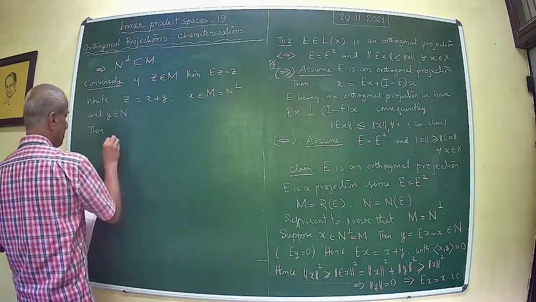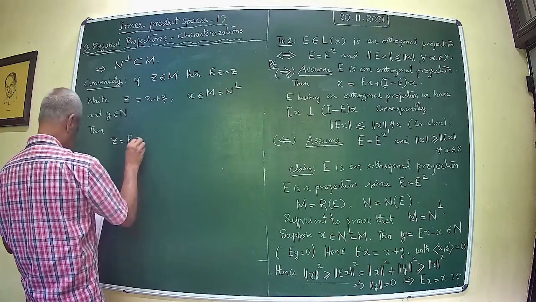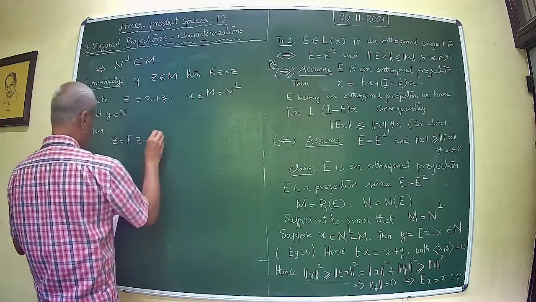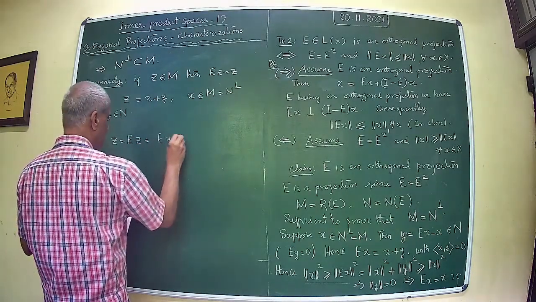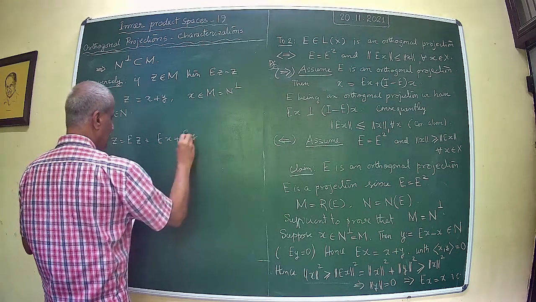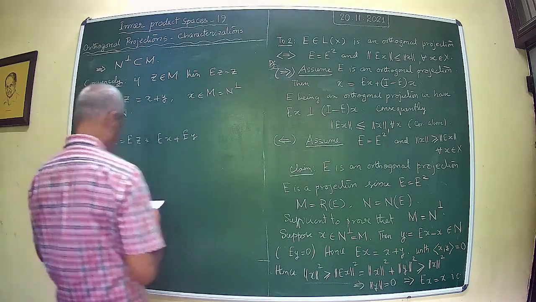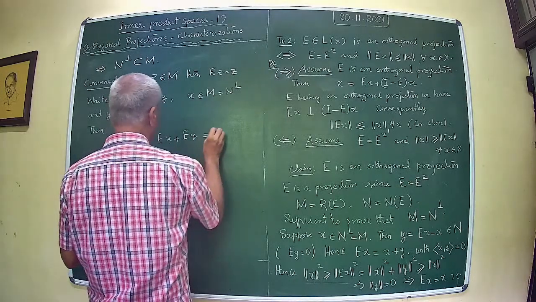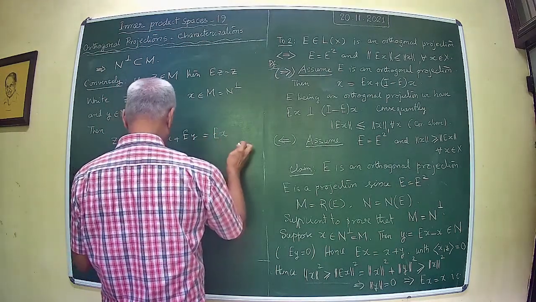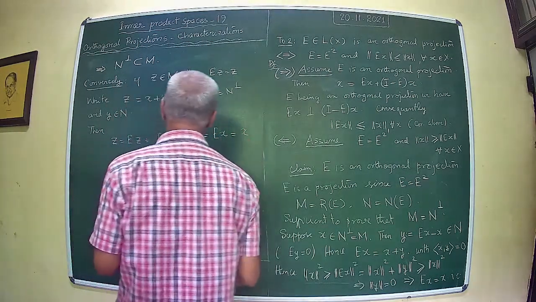Then Z is equal to Ez, which is equal to Ey plus Ex, which is equal to x.